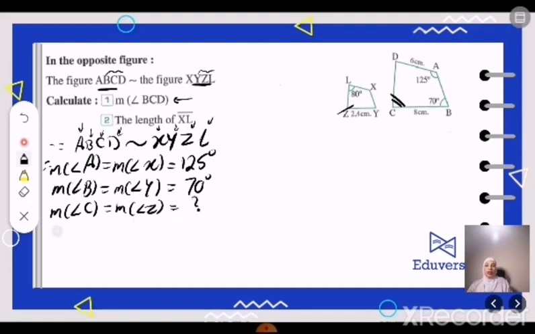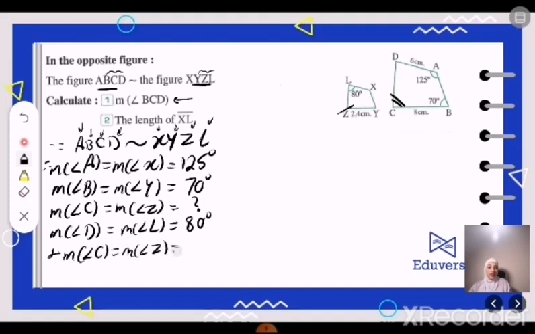And measure of angle D equals measure of angle L, which equals 80 degrees. Now I have 3 angles of the 4. Then measure of angle C, which equals measure of angle Z, which he's asking you to find, will be 360 minus the sum of these angles, 125 plus 70 plus 80.